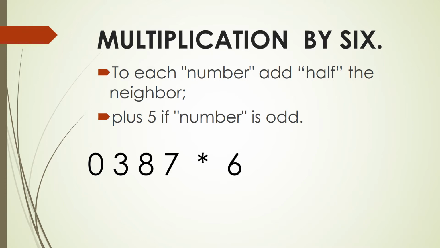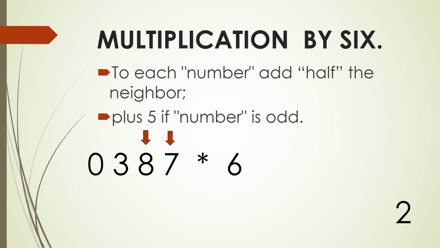In this case, we see that the number 7 is an odd number, and we have the neighbor. So let's start with that number 7. The rule says that we need to add 5 if the number is odd. 7 is odd, so 7 plus 5 is 12. We write the number 2 and carry 1.